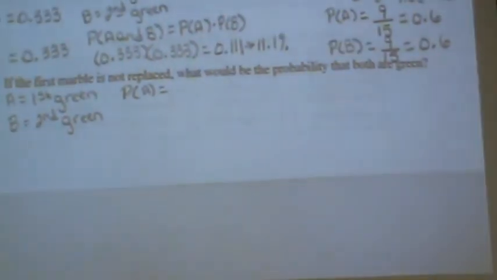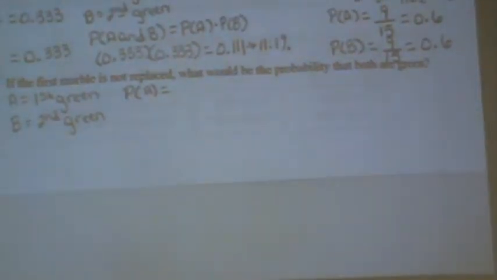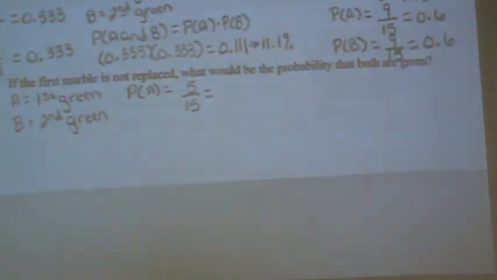So probability of A, you're starting out with the whole set. So we have 5 green marbles, and we still have 15 marbles total. So we get our decimal of 0.333.